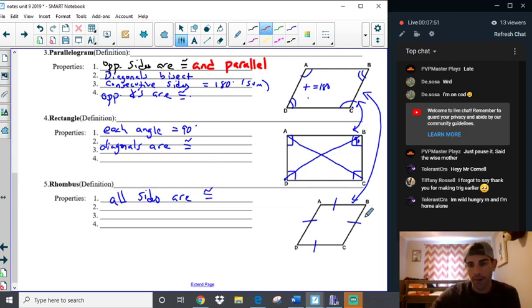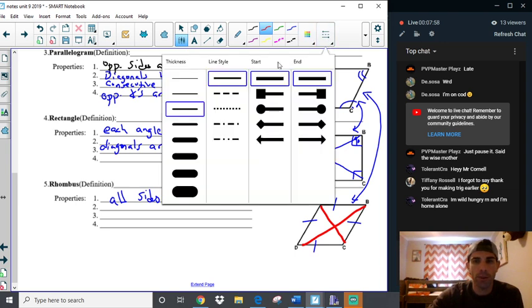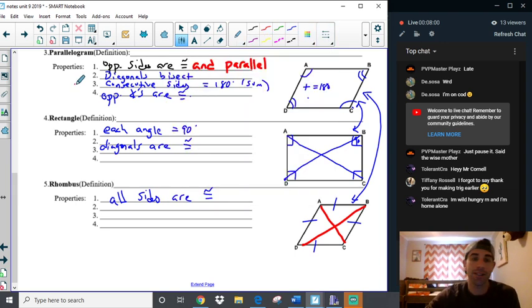And then again, if I drew diagonals here, while it's true the diagonals do bisect each other, now this is probably the most important rule that you're going to see all the time: these diagonals are perpendicular. Diagonals are perpendicular.